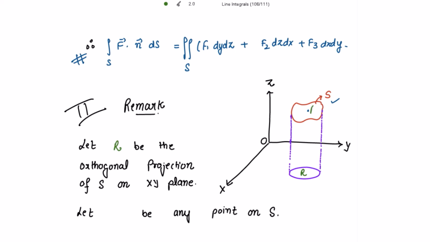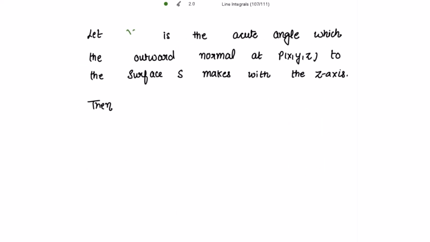And let P be any point on the surface S. And let gamma be the acute angle which the outward normal at point P to the surface S makes with the z-axis, right? As the outward normal at the point P makes angle alpha with the x-axis, beta with the y-axis, and gamma with the z-axis.